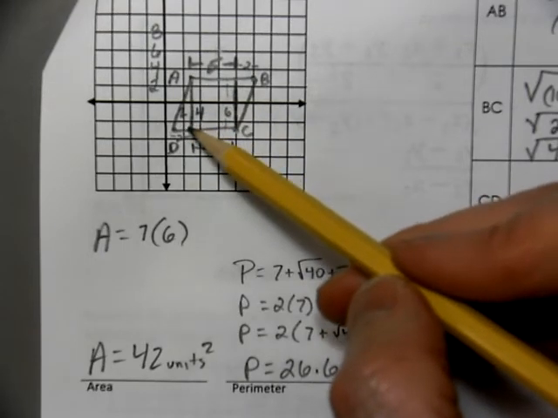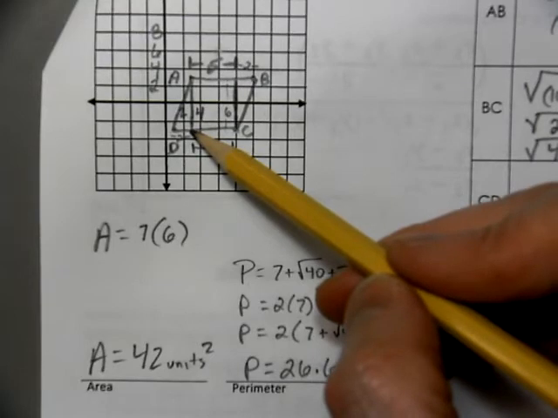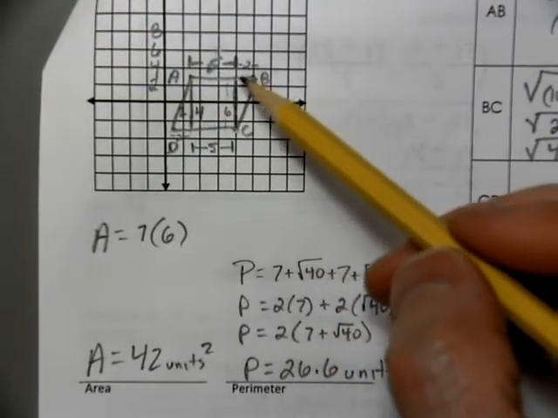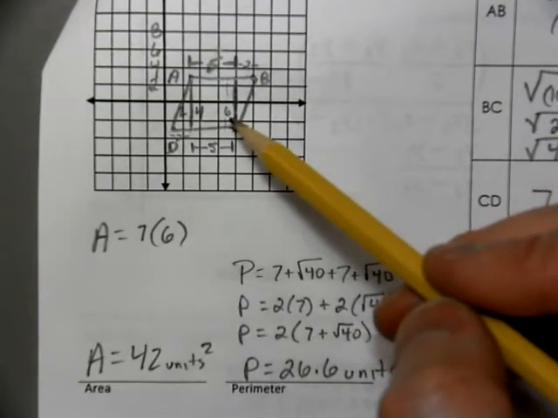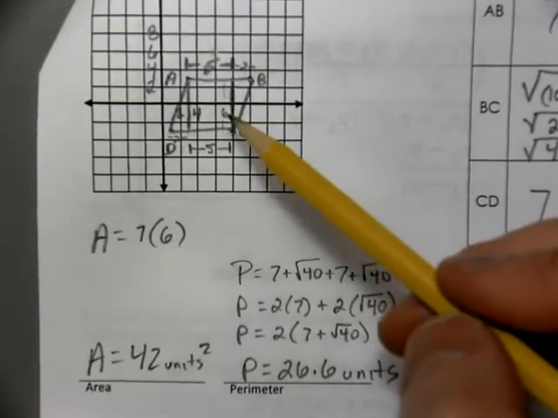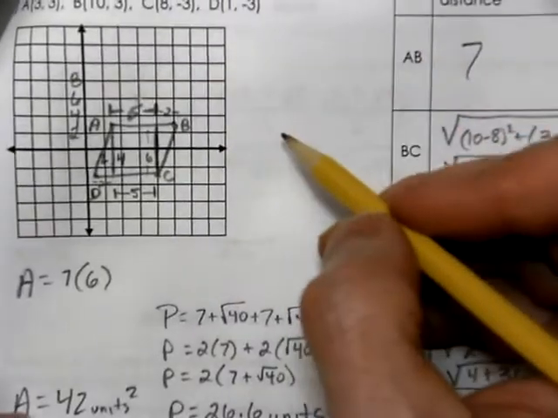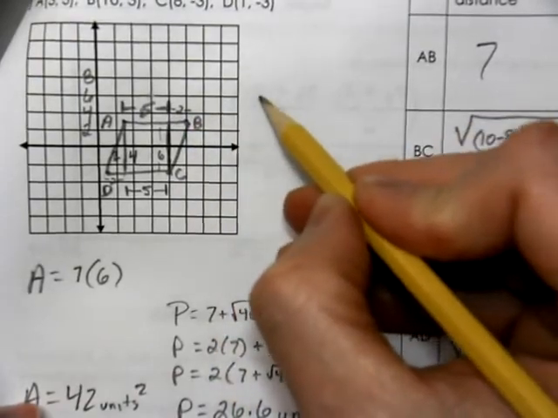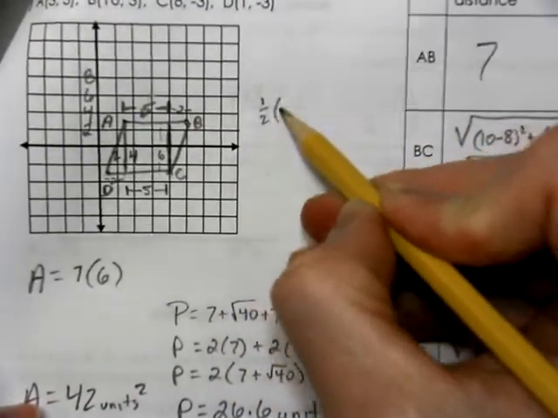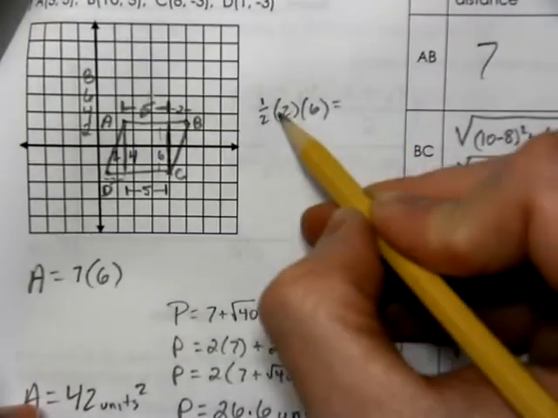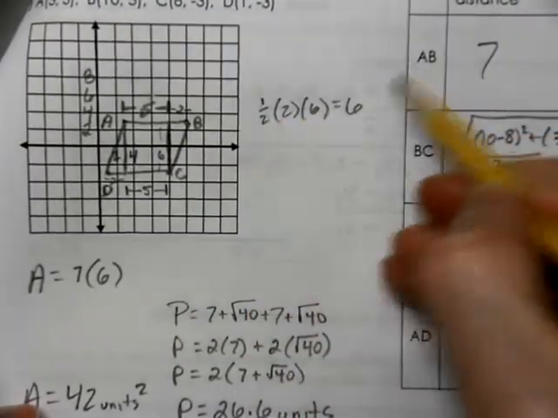A parallelogram has the formula of base times height, just like a square does. Or you could break this up into actual triangle, rectangle, and triangle. That would be another typical way. 2, so we're going to say half of 2 times 6. That's the triangle. Comes out to be 12 divided by 2 is 6.